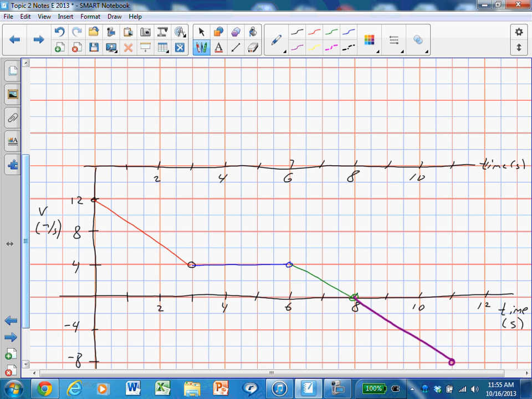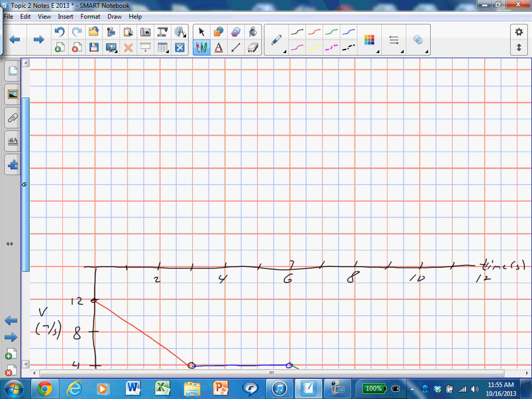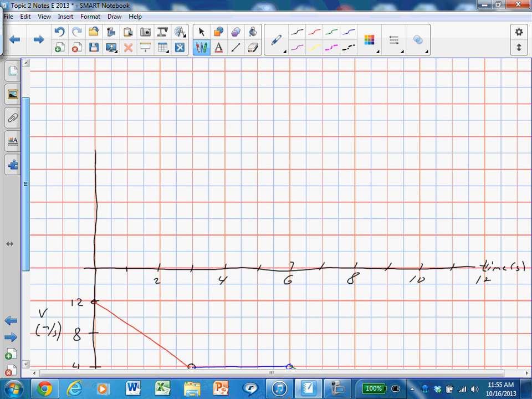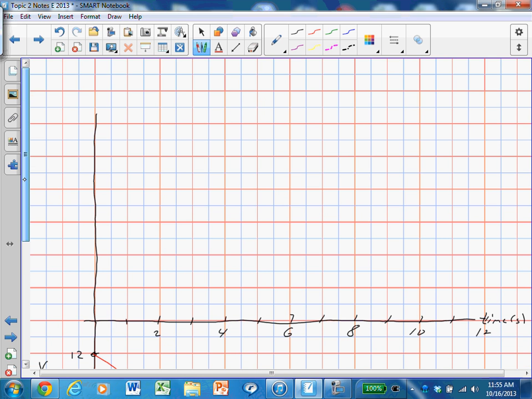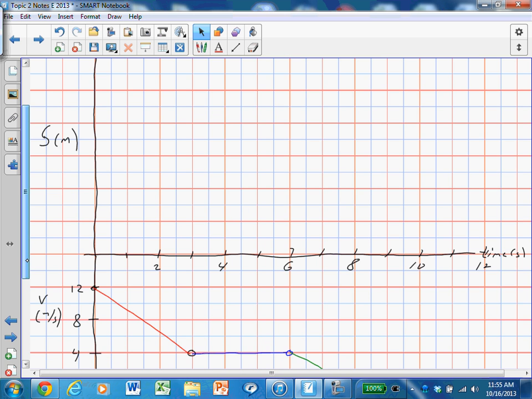We'll have a different position scale, but I'm not going to calculate it right yet, because I'll wait until I see what it changes. Okay. That's an S. How do I go from velocity to position?